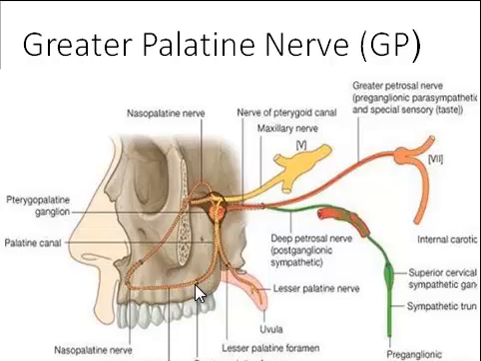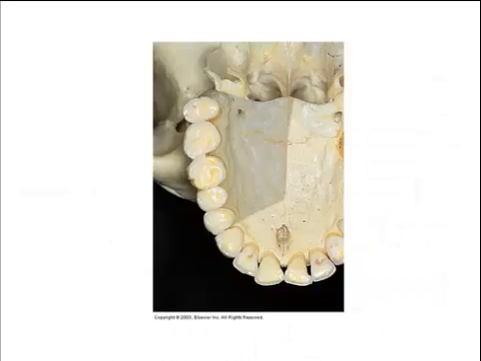So it enters the oral cavity by exiting the greater palatine foramen. If we look on this image here, this shadowed area shows what gets numb when you've given a greater palatine injection. And this right back here is your greater palatine foramen.